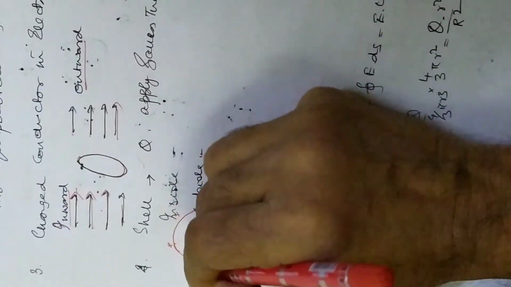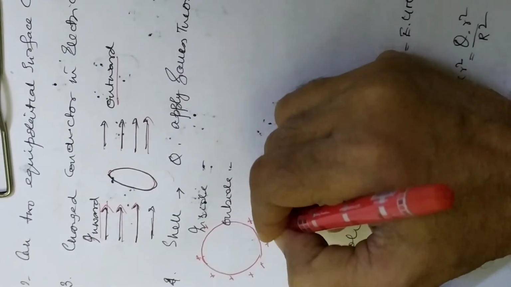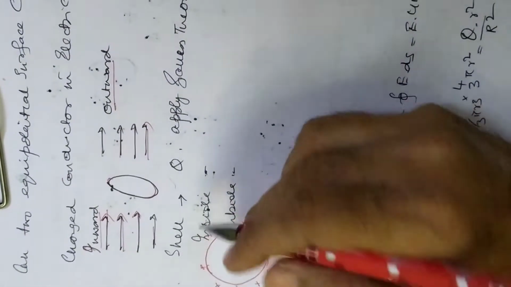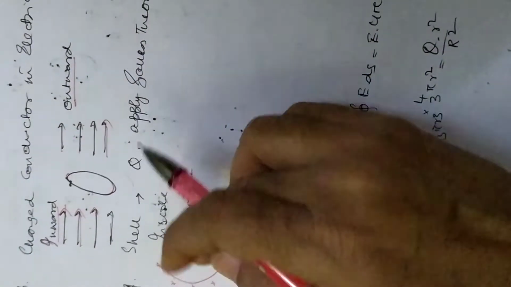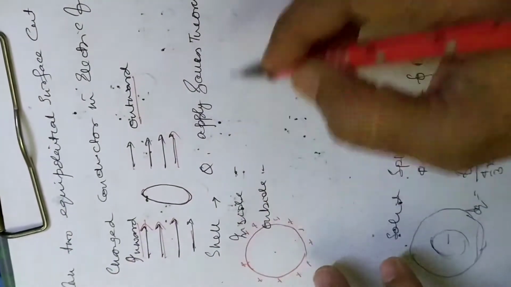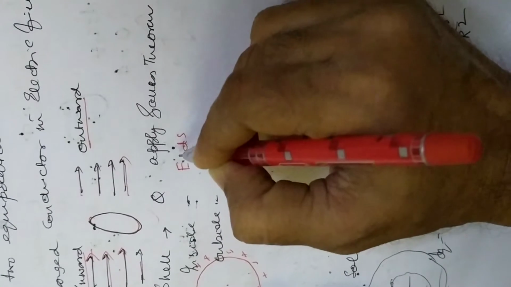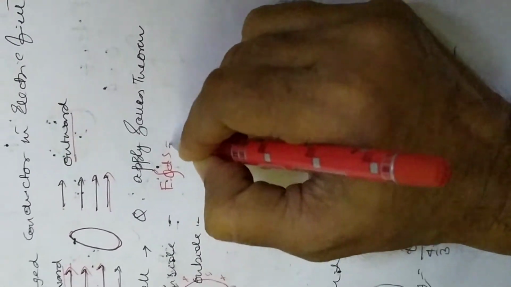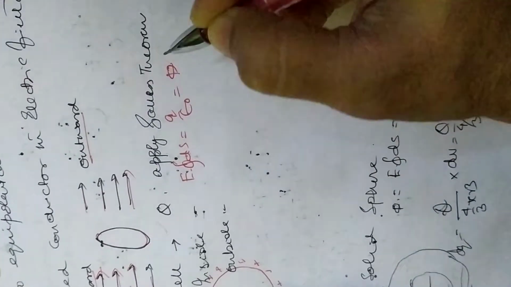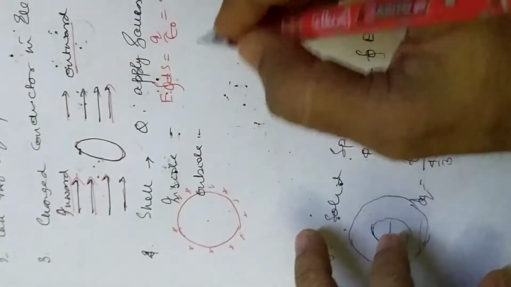These charges are scattered on the hollow sphere uniformly, as shown. Now we will apply Gauss's theorem and find the field inside this sphere. We will write the integral of E dot ds, that is equal to q by epsilon, that is equal to phi. Clear? In this way we will be solving the problem.